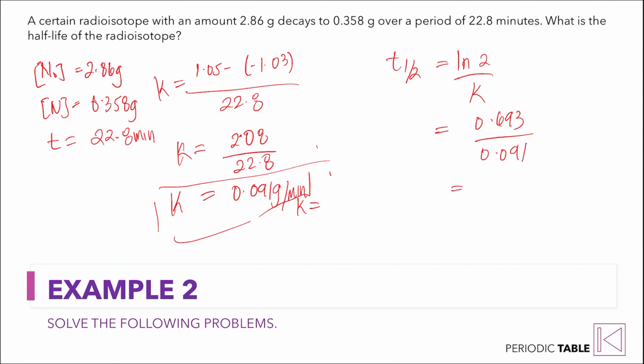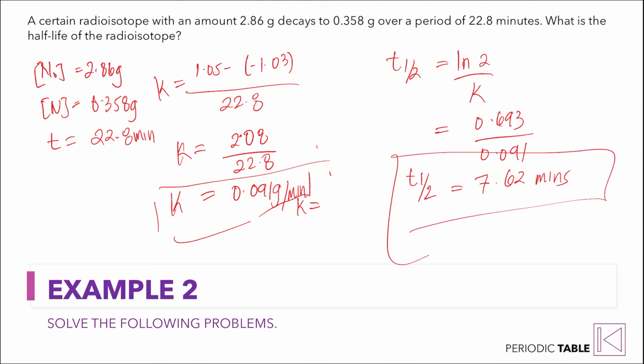So ilan ang ating half-life? 0.693 by 0.091. The answer is 7.62 minutes. So yan ang ating half-life. So after 7.62 minutes, mangangalahati yung isotope natin, yung amount niya.